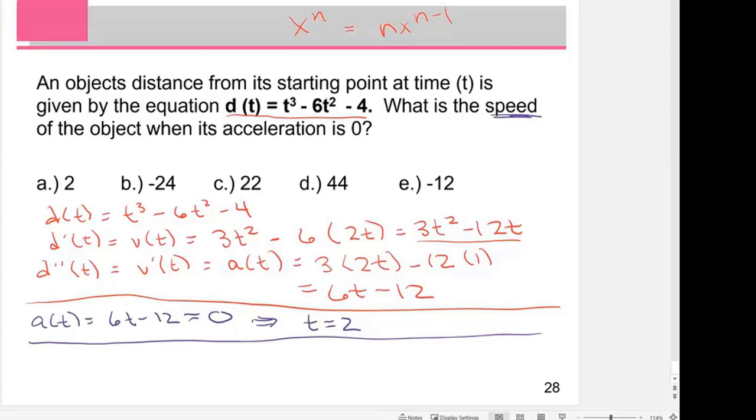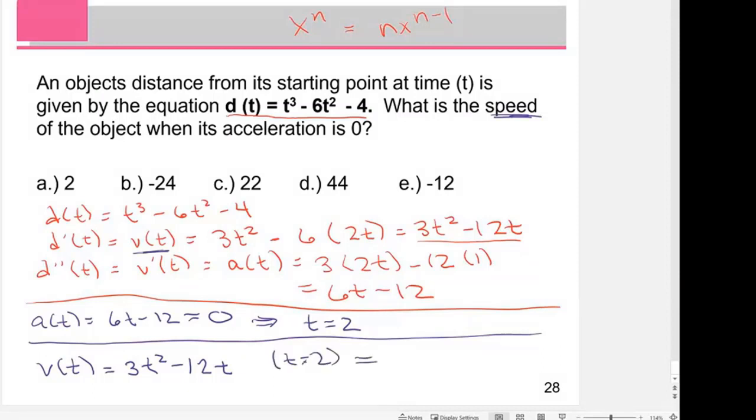So now I have to go back to my velocity function. My v of t is equal to 3t squared minus 12t. And I want to know what the velocity is when the acceleration is 0 or at t equals 2.